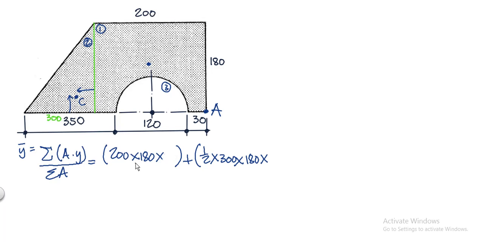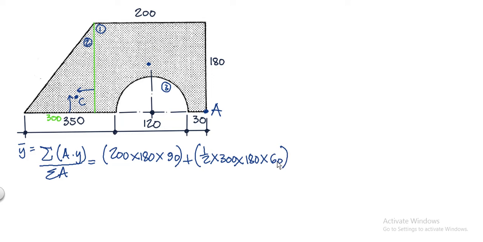Sorry about that. It's the distance from the centroid down to point A, which is 90. 180 over 2 is 90. Right, triangle, half base times height. And how far is it from there to there? It's 1/3 of that height. So it's 180 over 3, so it's 60.